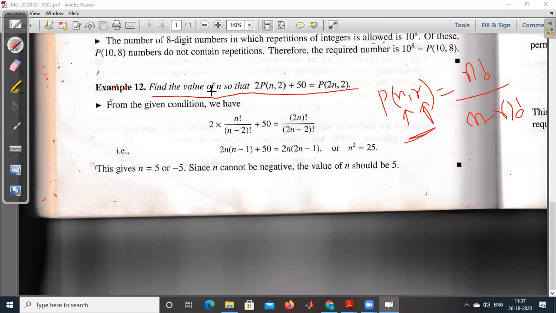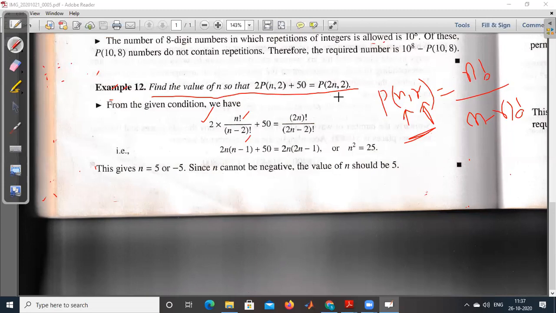Okay, so find the value of n so that 2 into P of n comma 2 plus 50 equals P of 2n comma 2. Simply write the formula. 2 into n factorial by n minus 2 factorial plus 50 equals P of 2n comma 2.